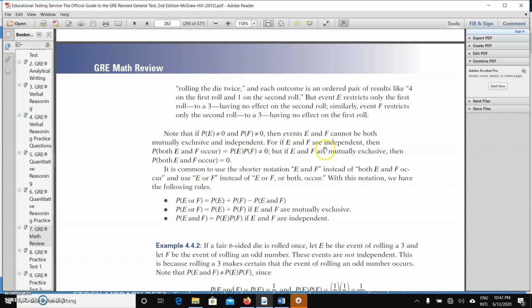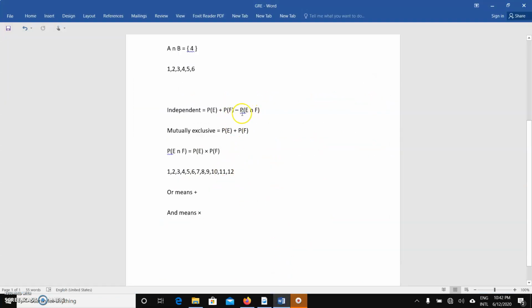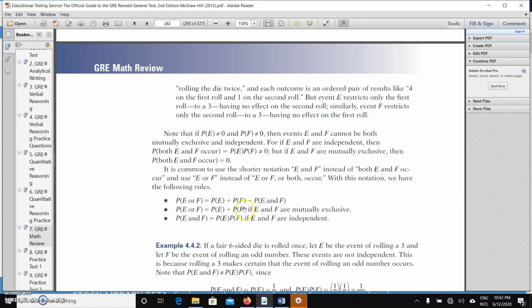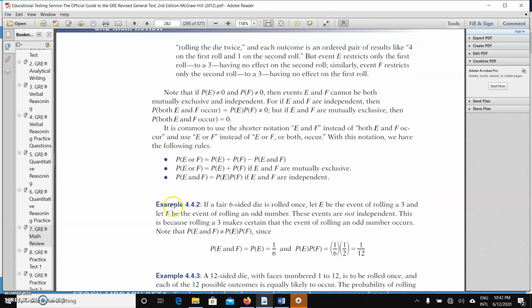If E and F are independent, then the probability of both E and F occurring is the product. Yes, if they're independent, it means what I was telling you, this will be there for independence. But if it's mutually exclusive, it won't be there. So this is the formula actually. This is for independent, this is for mutually exclusive.